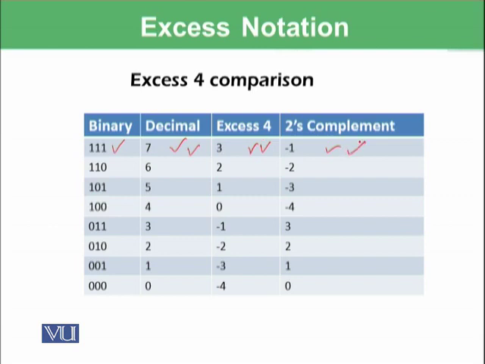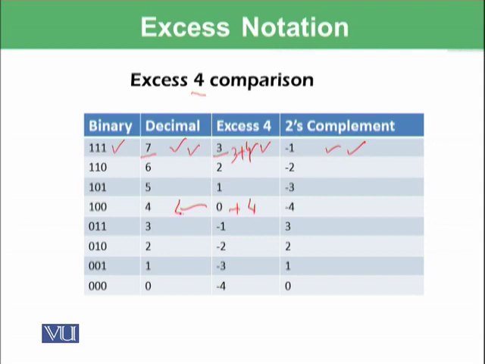You can also understand that in excess 4 notation the value is 4 less than the actual value, because 111 is representing 7 in decimal, but in excess 4 it is representing 3. So this number is 3 plus 4, which is the actual number 7. And similarly 0 plus 4 is actually representing 4 in decimal.